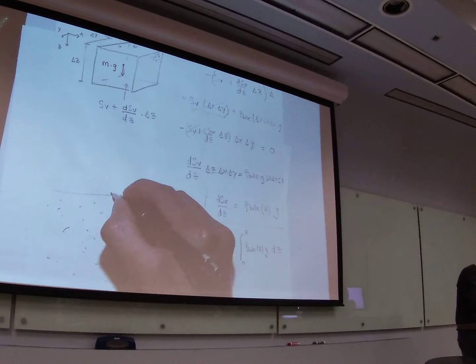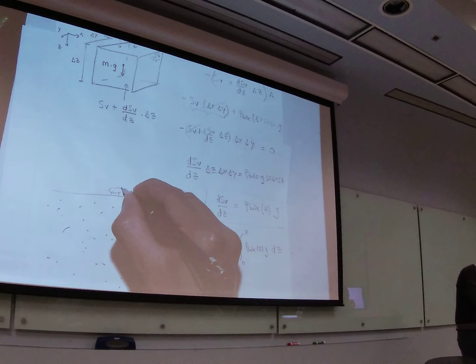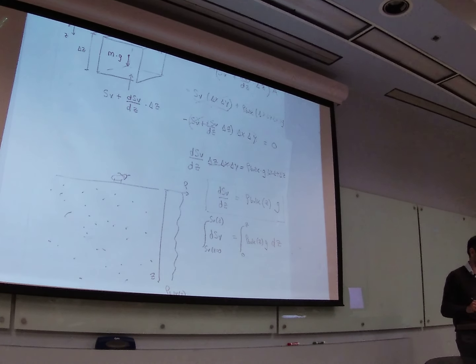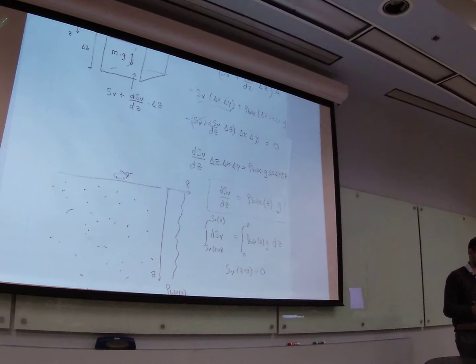We know it's a free surface, okay? Remember that there is nothing here, it's just atmospheric pressure. I'm not going to get into details about that right now. So I'm going to say that SV at z equal to 0 is equal to 0. And therefore, the solution is just going to be integrating this one.